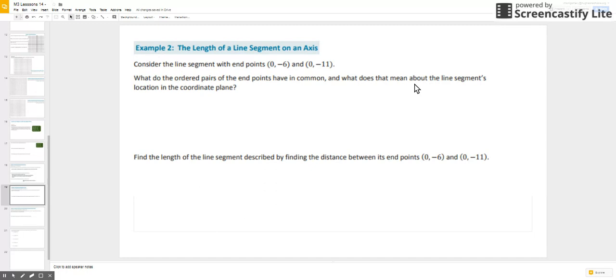And what does this mean about the line segment's location on the coordinate plane? It's the same question we talked about before, except now instead of y being 0, the x values are 0.